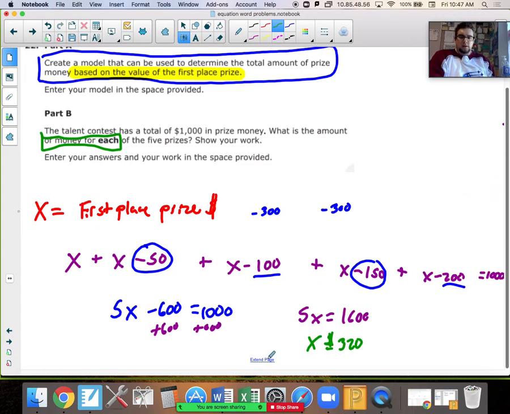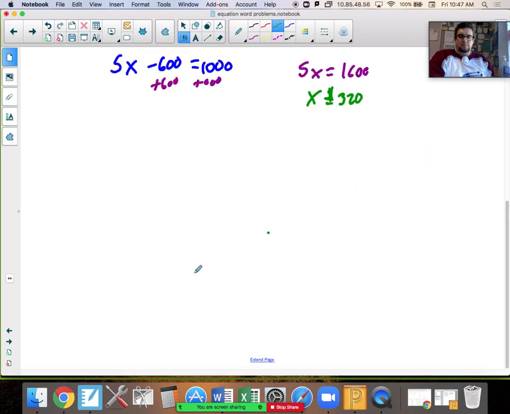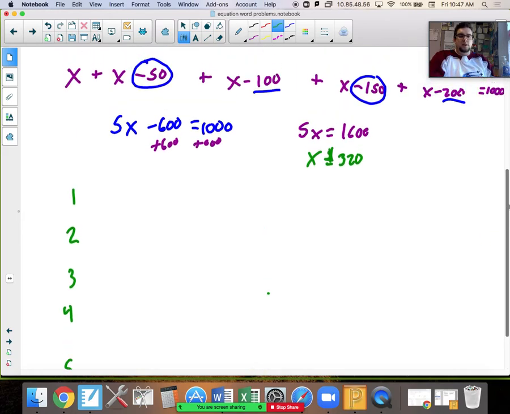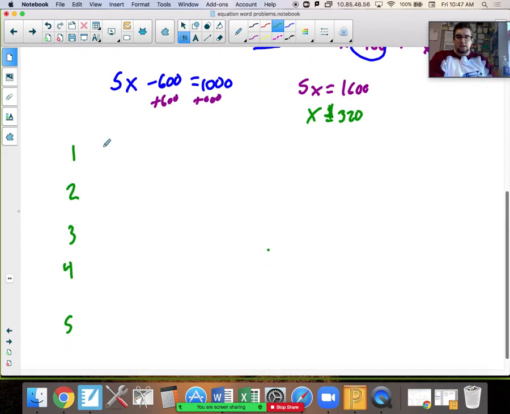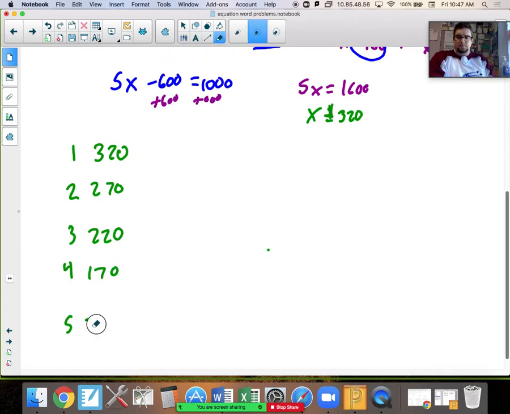So down below I'm going to create some space. First, second, third, fourth, fifth. We can use our model to help us. We could also know we're just going to subtract 50 continually. So we get 320, which then gives us 270, which is 220, 170, down to 120 as the final prize.